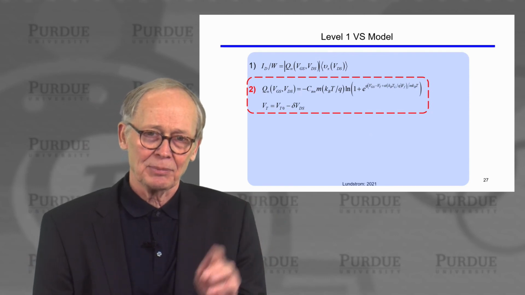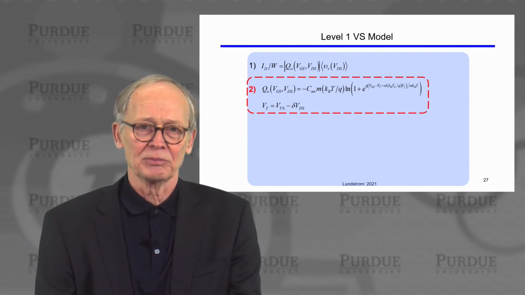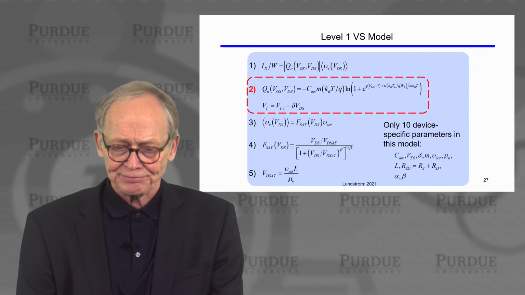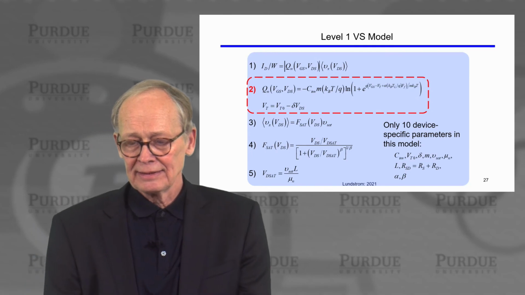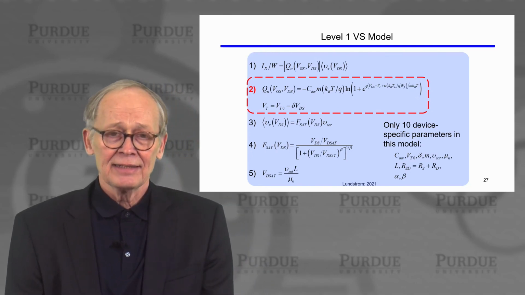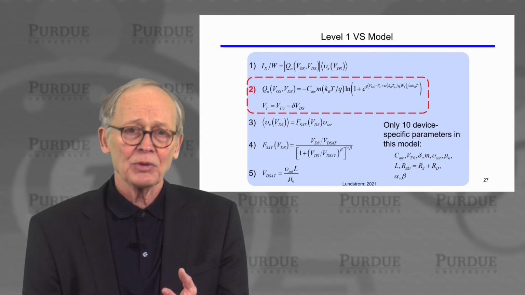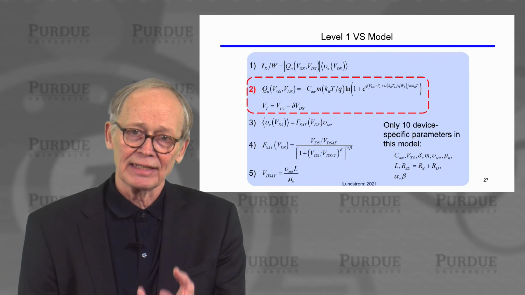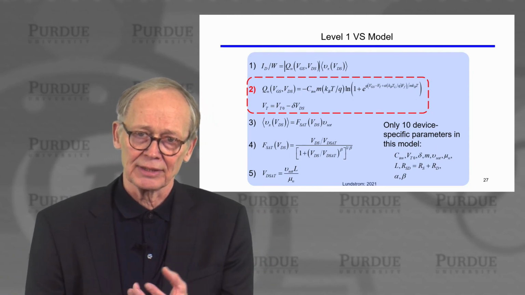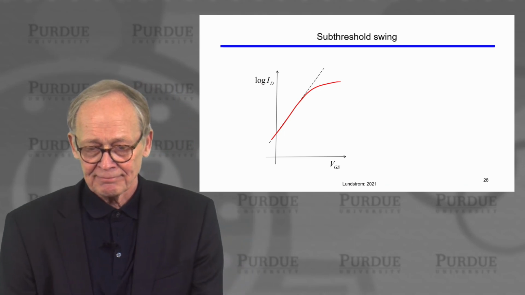That introduced a couple more empirical parameters that don't change very much from transistor to transistor. So with that, we still have a small number of parameters that we can fit to measured data, and almost all of these parameters, except maybe for alpha and beta, have a very clear physical significance. They're not simply empirical fudge factors.